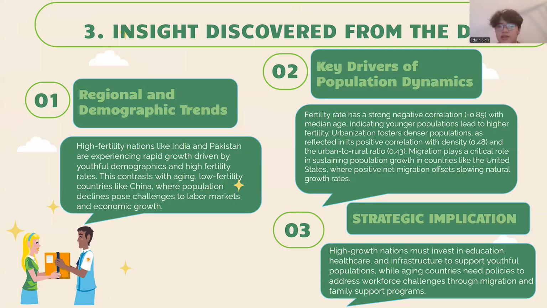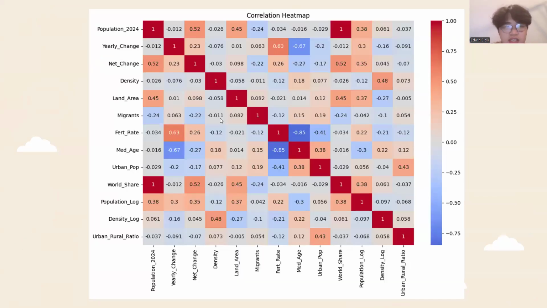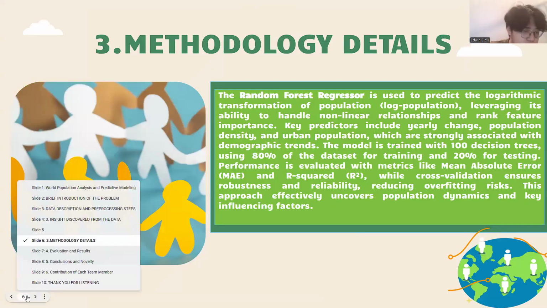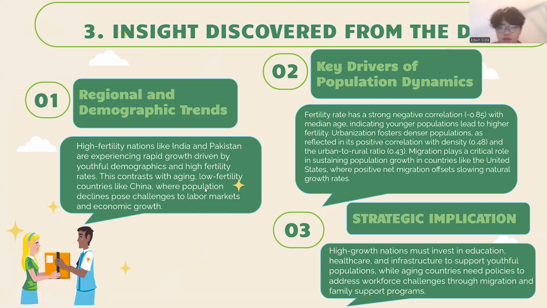Second is key drivers of population dynamics. Fertility rate has a strong negative correlation, which is minus 0.85, as you can see from here, indicating younger populations lead to higher fertility.